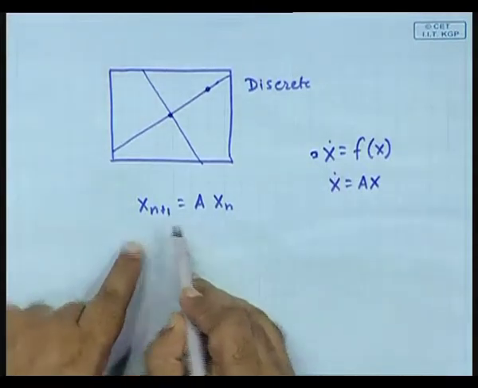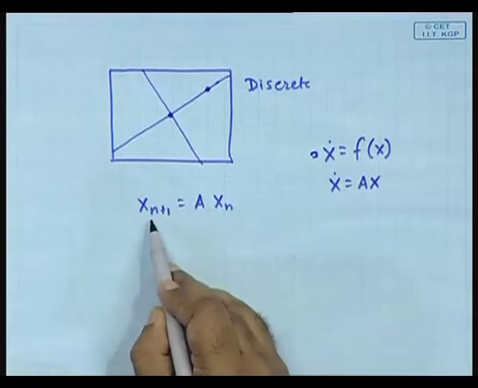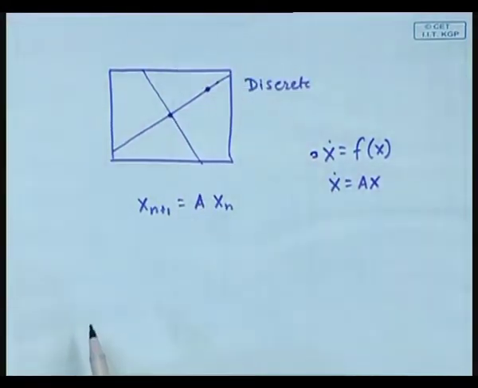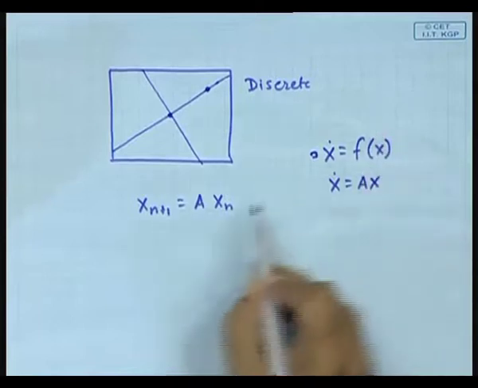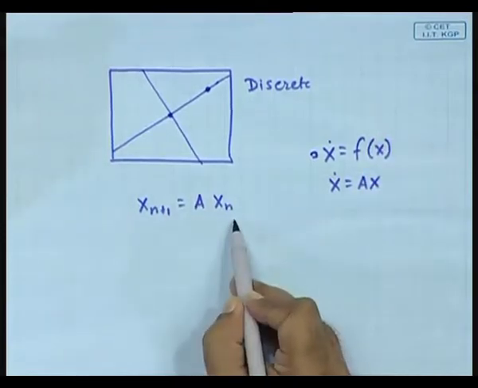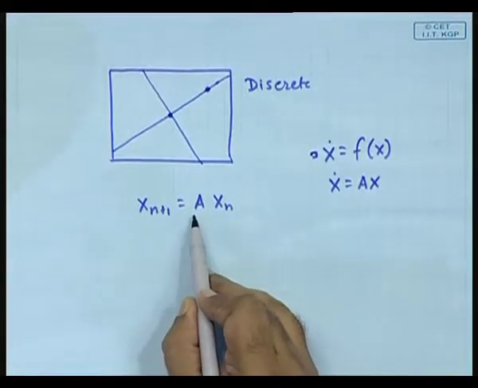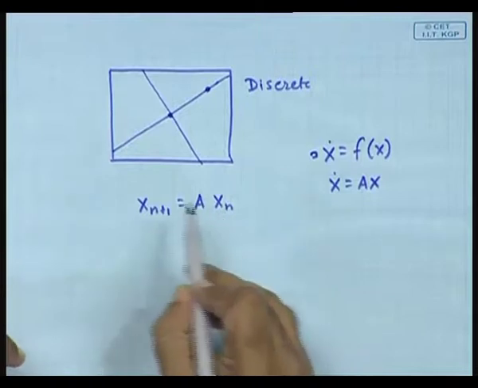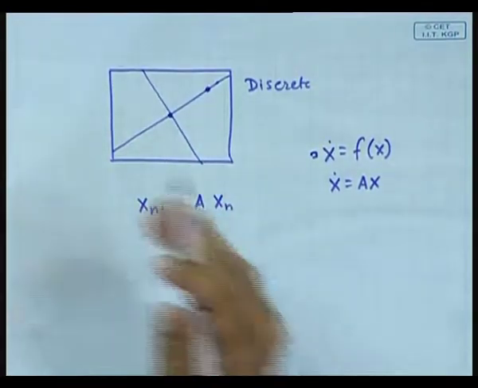In this case, what does it give? A operated on x gives what? Not the velocity vector, but exactly where it lands in the next iteration. So, that is one essential difference between a continuous time dynamical system given by this and a discrete time dynamical system given by that. So, A operated on x, x is the vector, gives the vector where it actually lands, not how it moves.